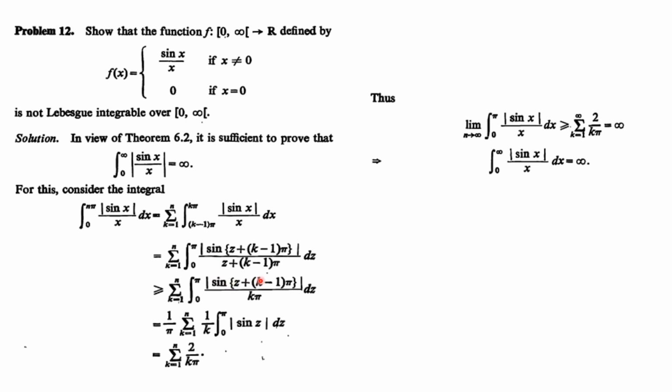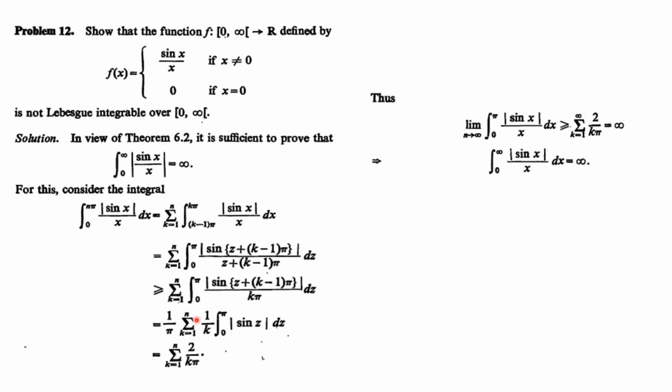So we replace this number with k pi, and this integral is greater than or equal to this integral. 1 over pi is constant, so we can take it outside, it is independent of k. So we get a summation of 1 over k times the integral from 0 to pi of mod of sin z dz.